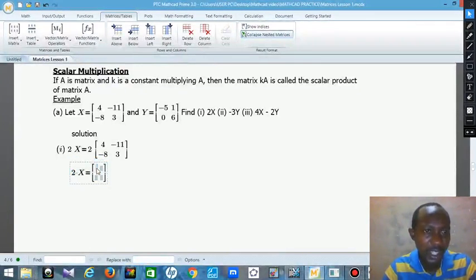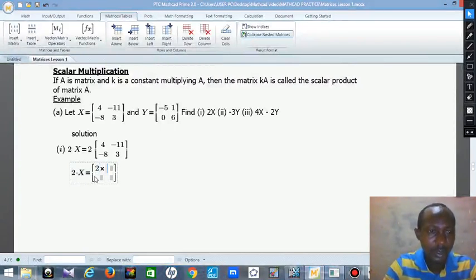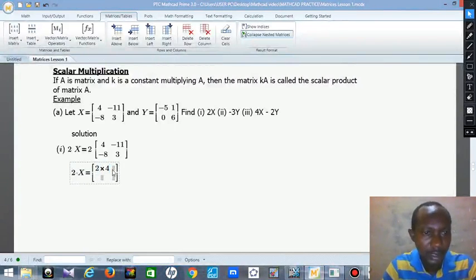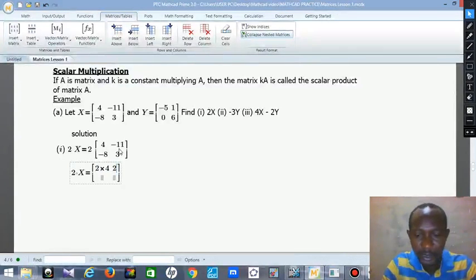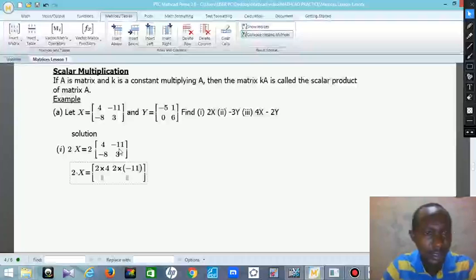That is the answer. So 2x is equal to, you start with 2 times 4. Okay, let me just do it step by step so that we can follow with this first example. So 2 times 4. Then you move to the next one. 2 times minus 11. 2 times, then the minus, put it in bracket, it's very important, minus 11.